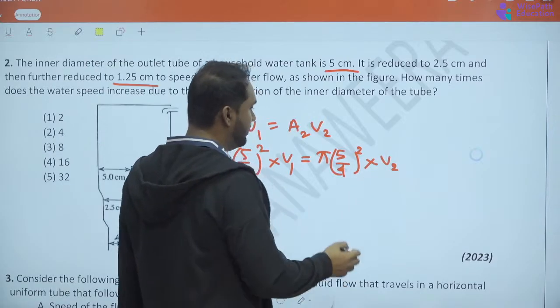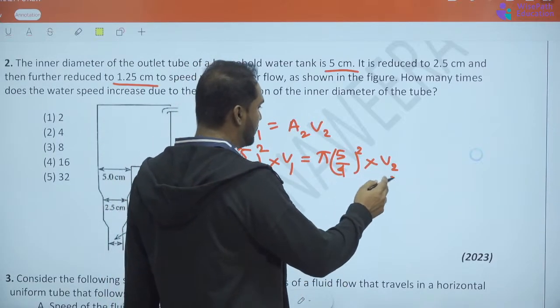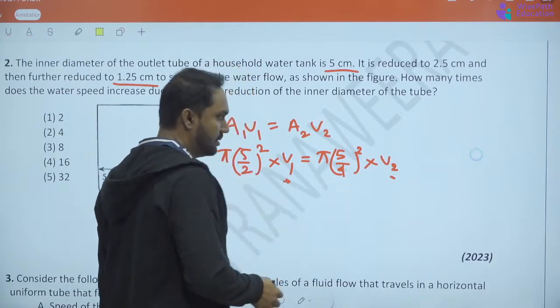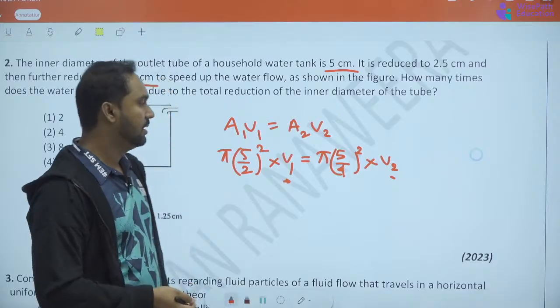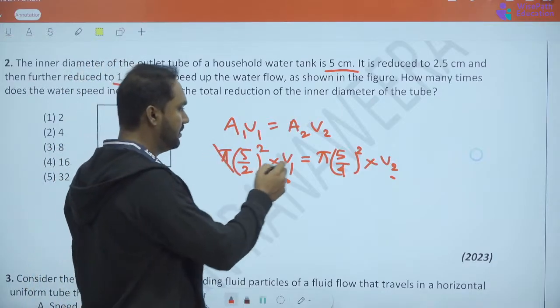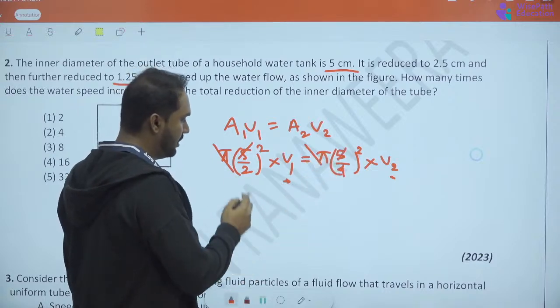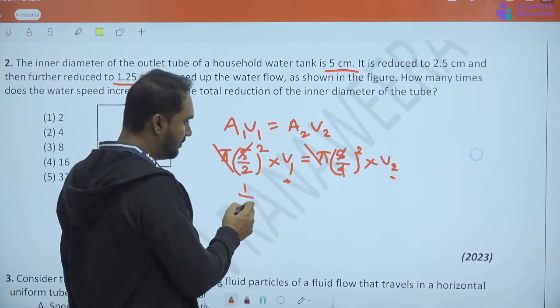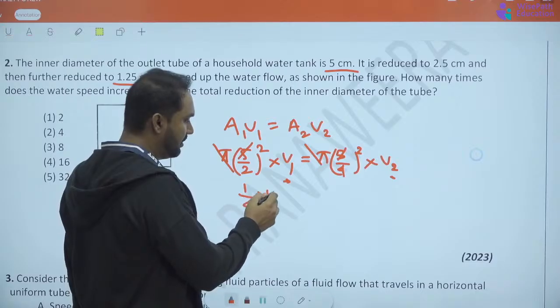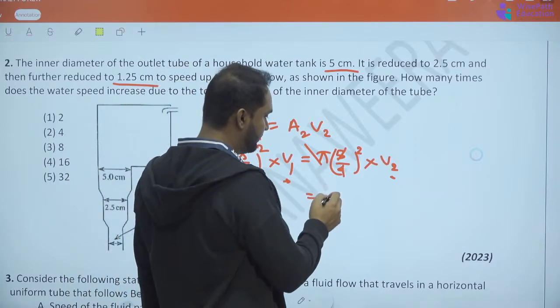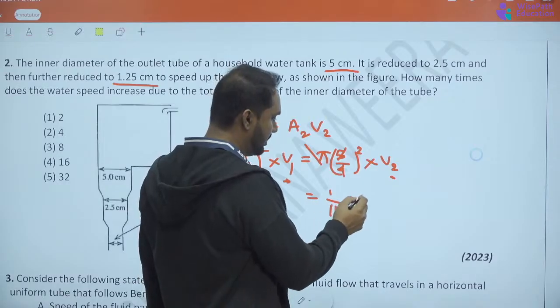So I have to find how much v2 is in terms of v1, or how many times v1 is v2. So I have to isolate v2, and then I'll get the value. So the 5 and 5 basically cancel out, 5 squared and 5 squared cancel out. So 1 over 2 squared is 1 over 4 times v1 equals 1 over 4 squared, which is 1 over 16, times v2.